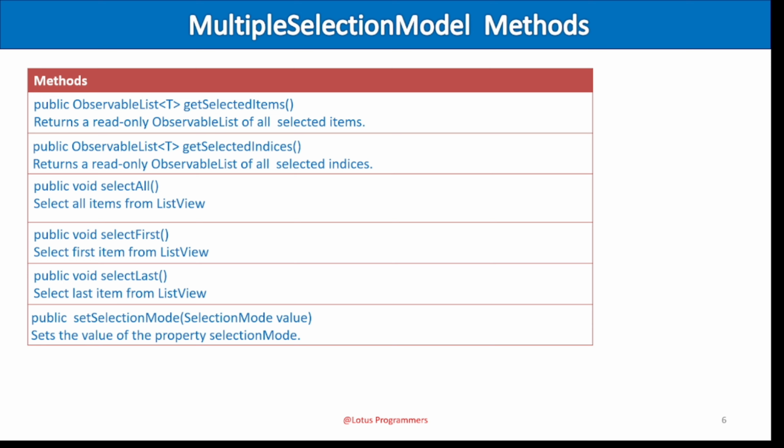The MultipleSelectionModel class provides different methods for accessing the selection model or setting the selection model, as well as selecting all items from the list view, or selecting the first item or selecting the last item by default.